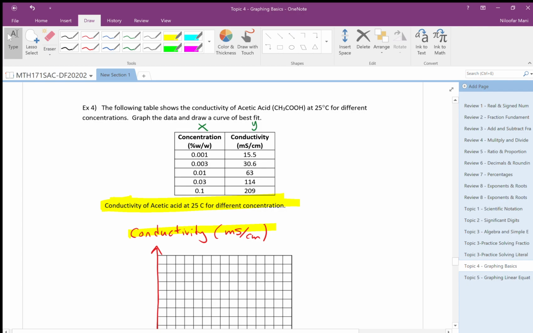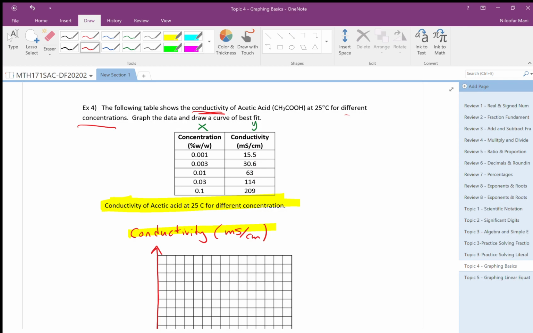Okay, so the first thing I have to mention here is what is the independent variable and what is the dependent one. It says we are showing conductivity for different concentrations, which means the different concentration is something that we have, and we are finding, or maybe you as a student are finding, the conductivity; you are measuring it.